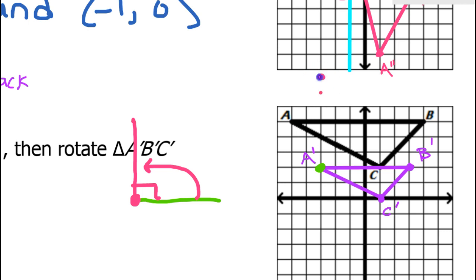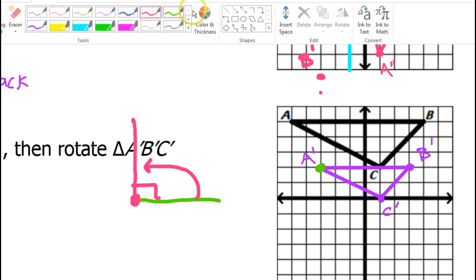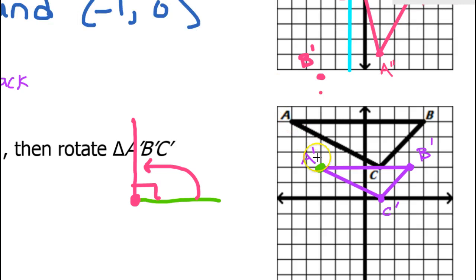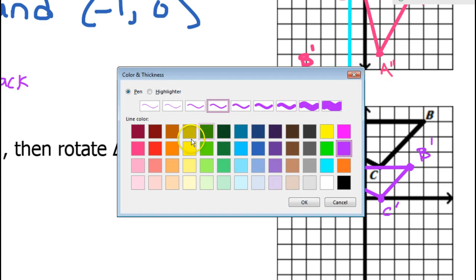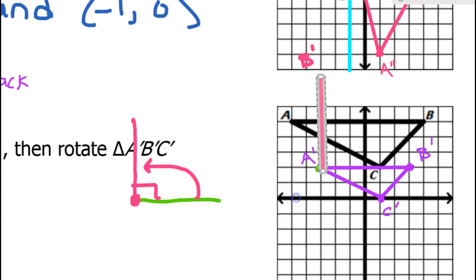So it's going to be roughly here. So this is going to be my B prime. All right, I think I'm just going to go ahead and draw that as well. Okay, so there is our first piece.